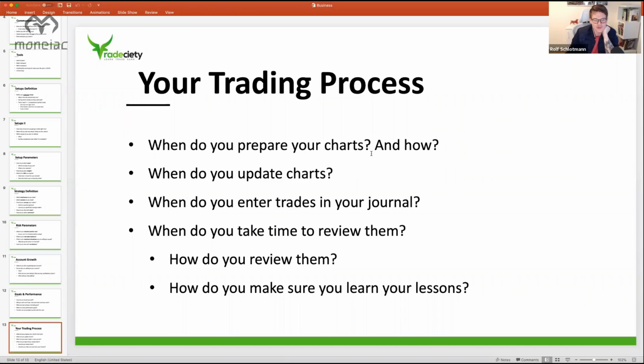Once you have your review process, you know, okay, I'm going to look at my trade management graph, my tilt meter, my risk profile, and then what do you do with those findings? How do you implement them, or how do they translate into real world actions?